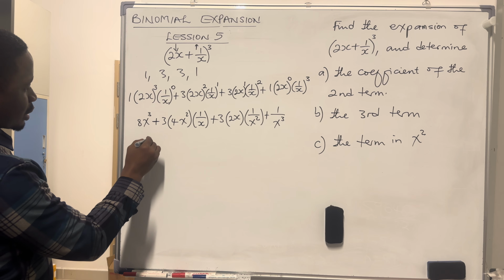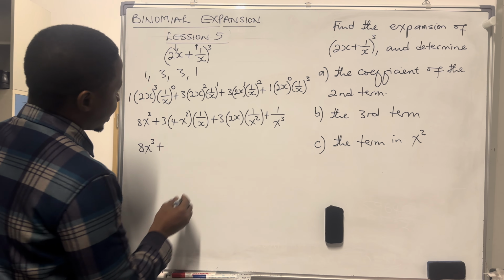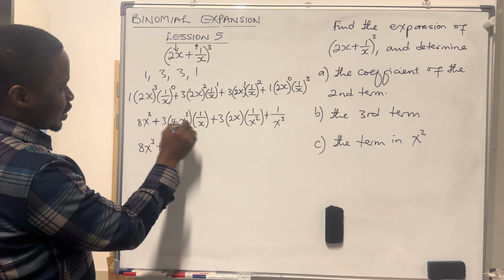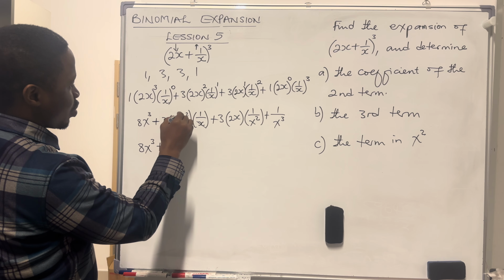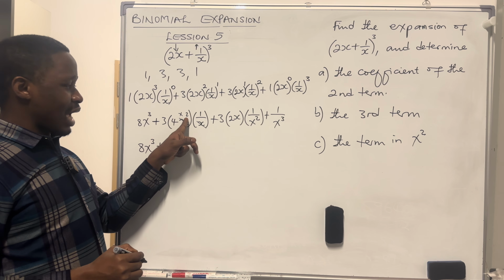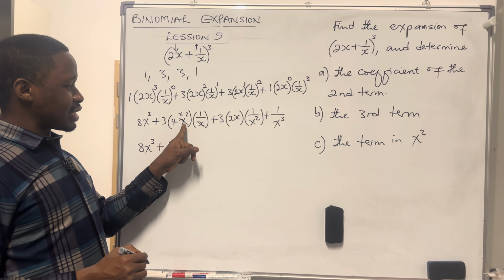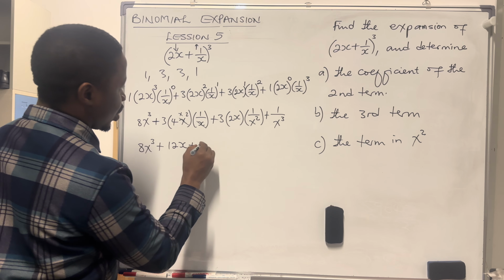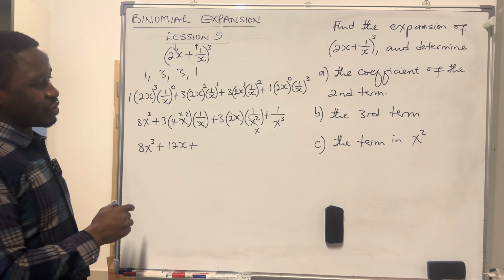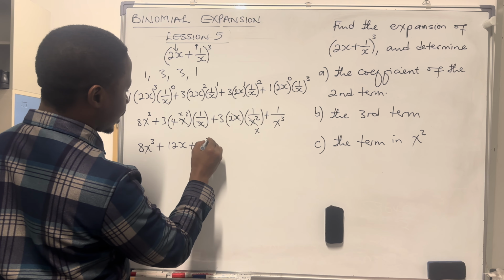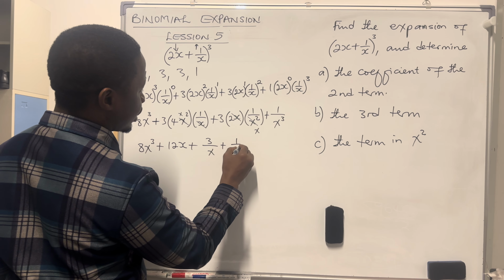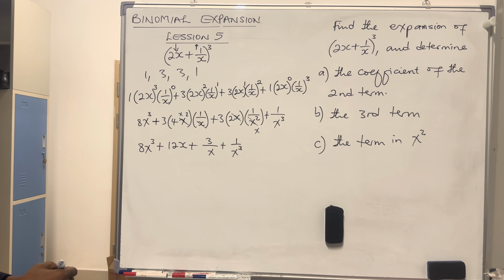So 8x cubed plus: this x will take away 1 x here, there will remain 1 x. So 3 times 4 is 12x. Do not mistake and write the 2 again, because this x takes away 1 x, plus this x takes away 1 x, there will remain 1 x down. So 3 times 1 is 3 over x, plus 1 over x cubed.